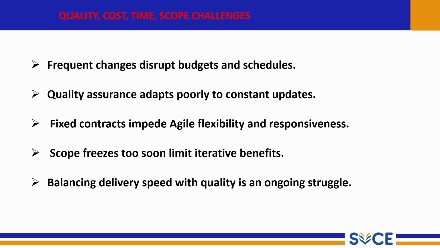Legal contracts don't allow agile changes easily. Scope frozen too soon limits iterative benefits. And the last one is that balancing delivery speed with quality is hard. Rushing leads to poor software.